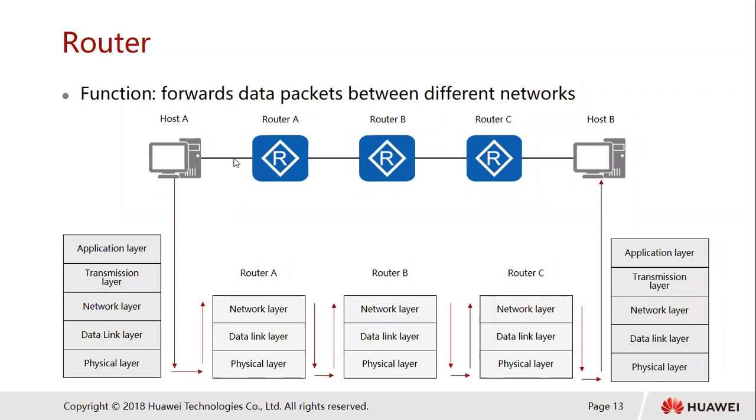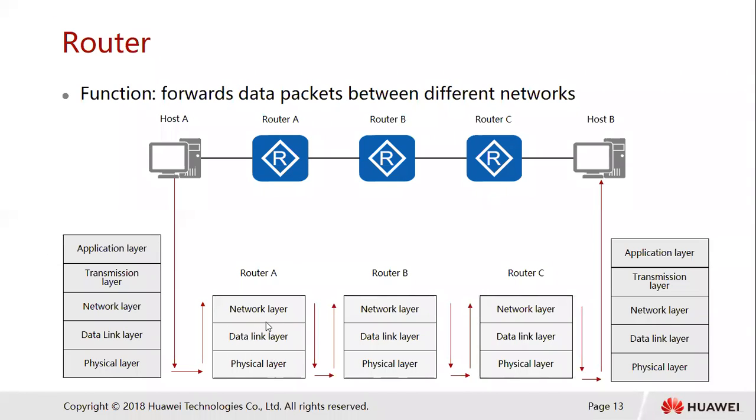Okay, so when we reach this router, we are going to start going up. And when we are going up, the headers which were added here, we'll start removing them one by one through a process called decapsulation. So when we reach the data link layer, the data link header will be removed.